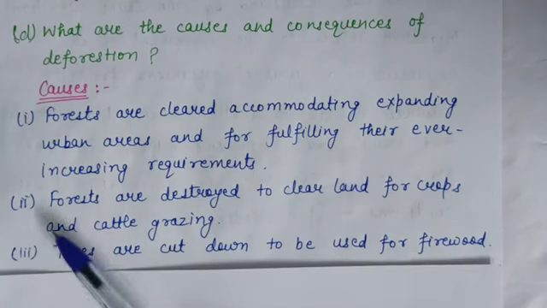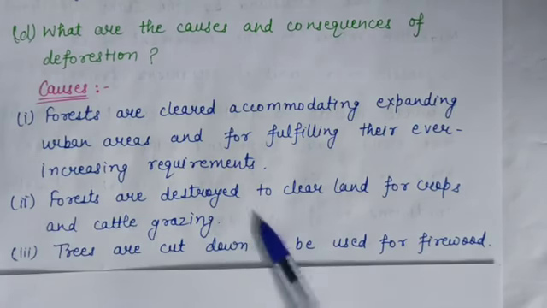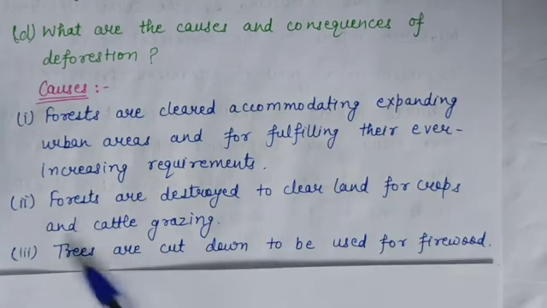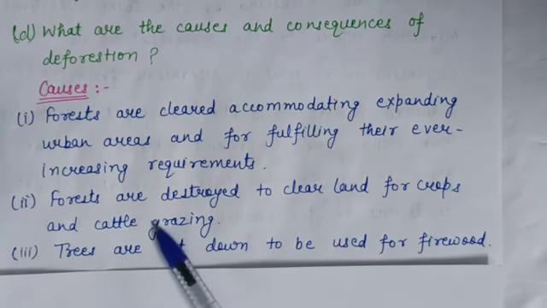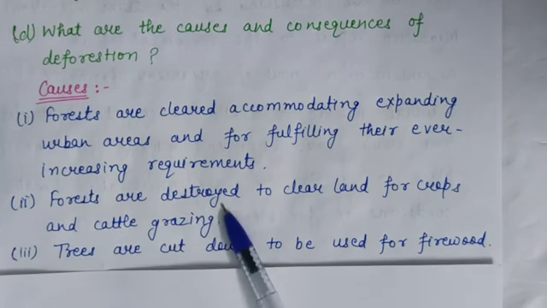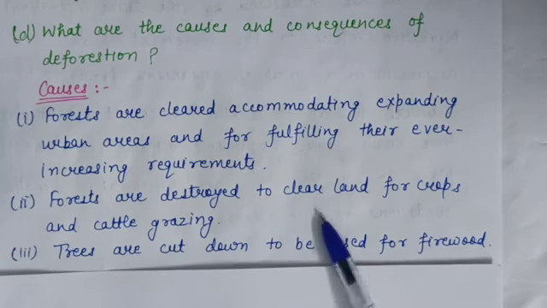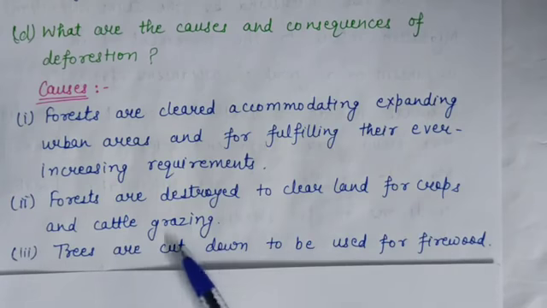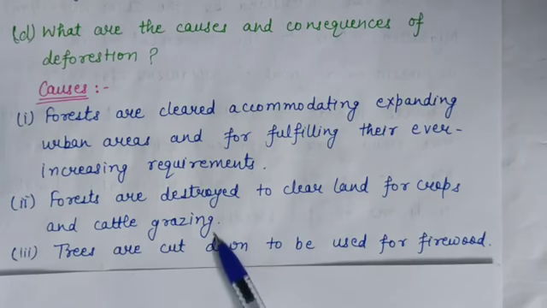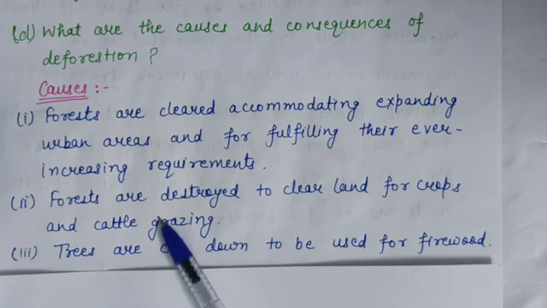Okay. Now second is forests are destroyed to clear land for crops and cattle grazing. Means some people destroy the forest for cultivation of crops and for cattle grazing. Means by the overgrazing by cattle, the forest is destroyed.